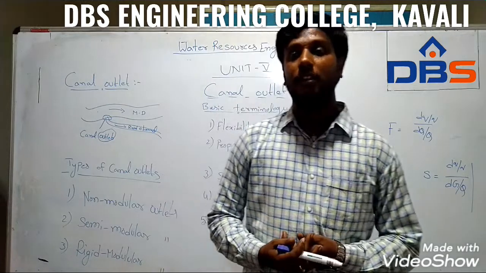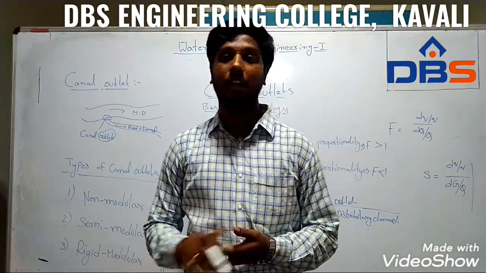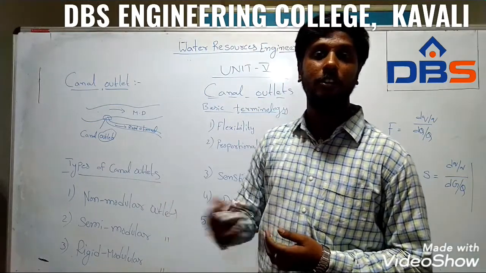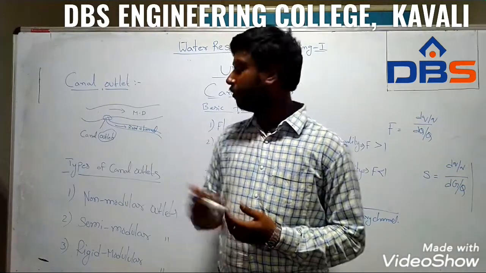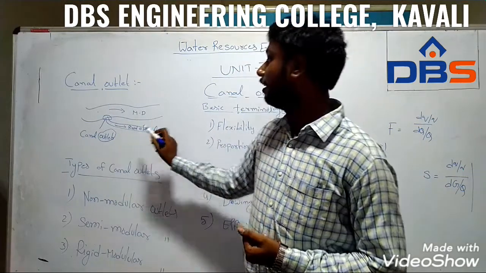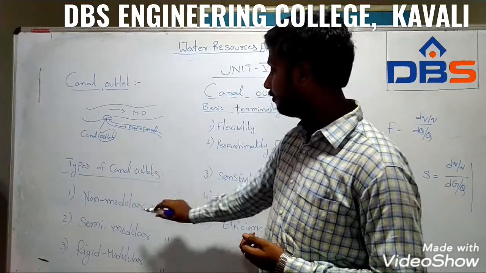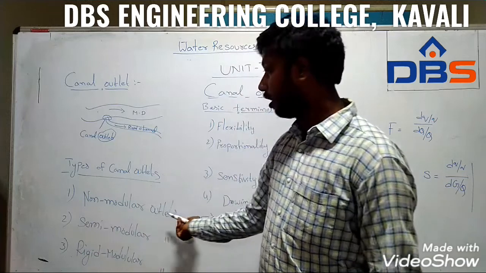Here, where the water level in the major distributary fluctuates, the field channel is also affected by those fluctuations. Once the water level fluctuates in the major distributary, at the same time the water level in the field channel also fluctuates. That kind of canal outlet we call a non-modular outlet.